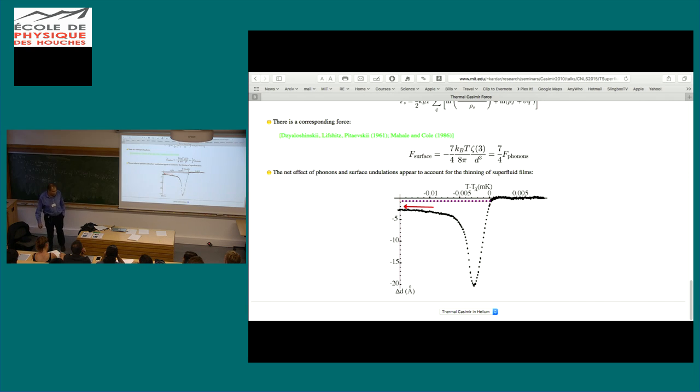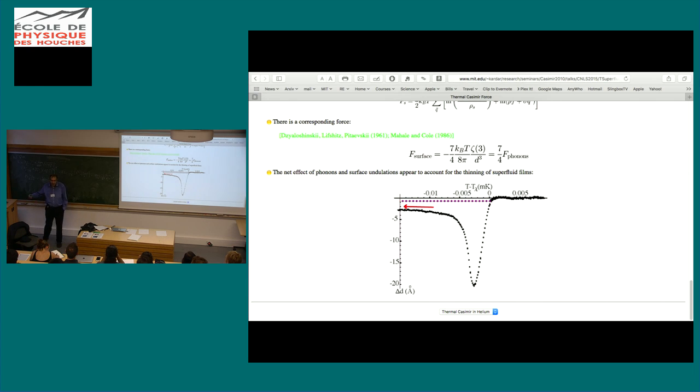Because it is the presence of the superfluid film that allows the fluctuations on the surface to know about where the bottom is. And once you don't have the superfluid, you do the corresponding calculation, you don't get that. It's, if you like, a short range effect.